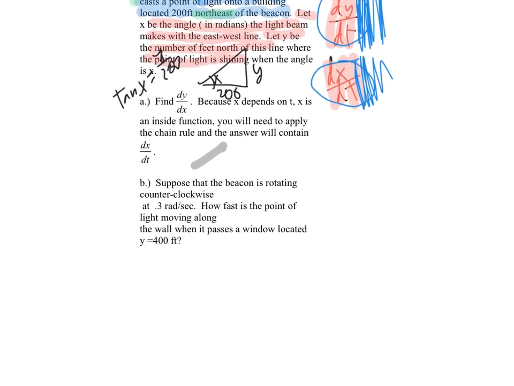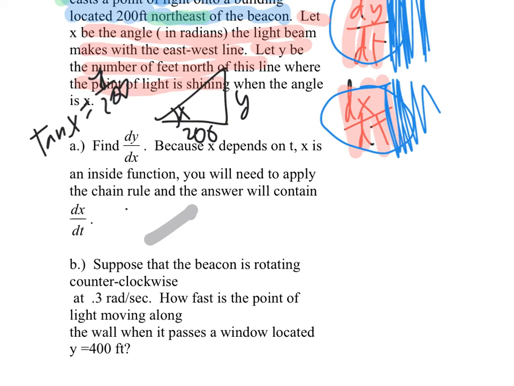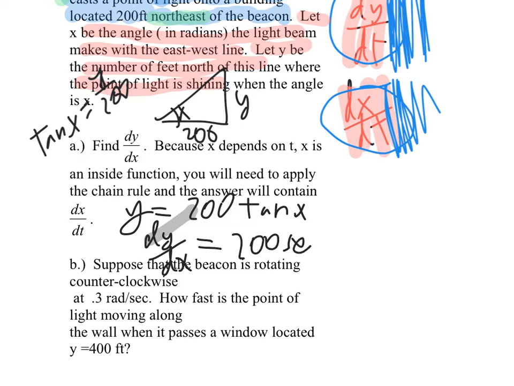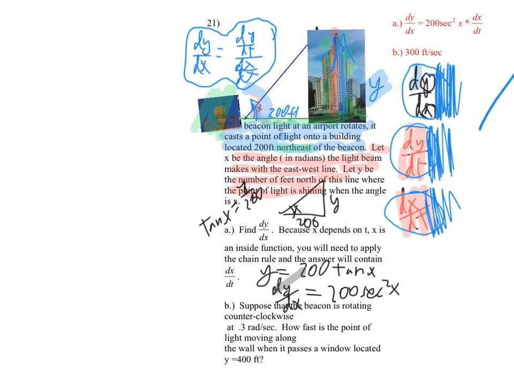And if I make it look nicer, that gives me y equals 200 tangent of x. So dy/dx would be 200 secant squared of x. But keep in mind that really is the same thing as dy/dt over dx/dt. So dy/dt over dx/dt equals 200 secant squared of x.